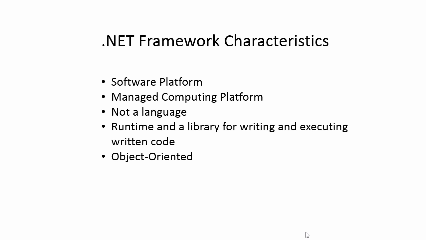Another main characteristic of the .NET framework is that it's object-oriented. So all the coding and all the base code, think of it in the form of objects. So for example, if you were writing some code to demonstrate how a shop works, what are some objects in a shop?